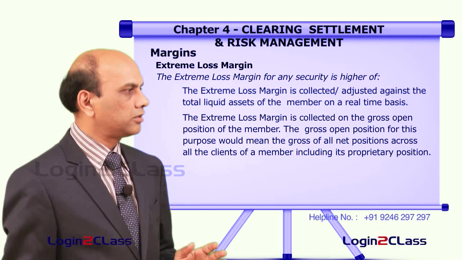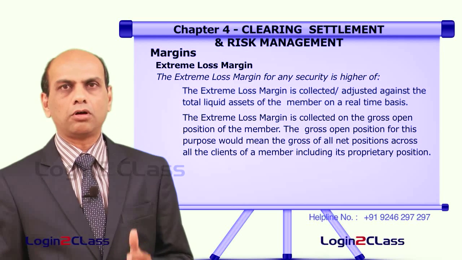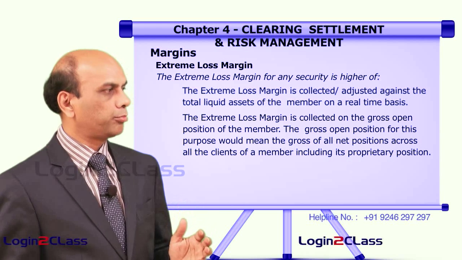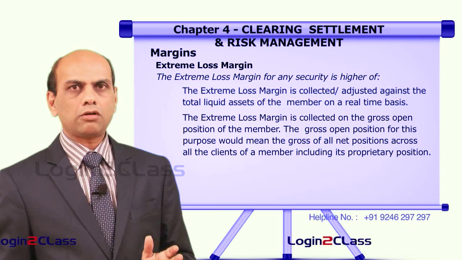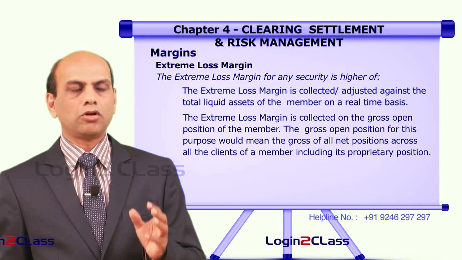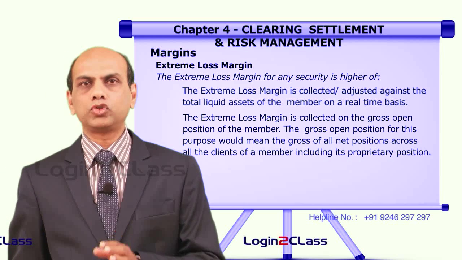The extreme loss margin is collected on gross open positions of the member. The gross open position for this purpose would mean the gross of all net positions across all of his clients of this particular trading member, including his proprietary positions.